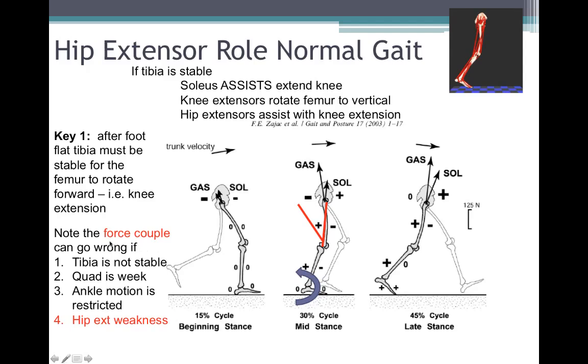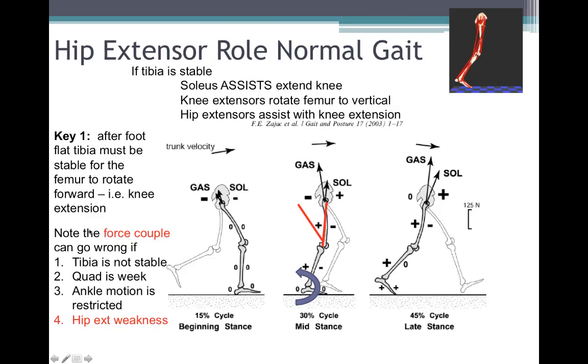So we've been through different contributors to this part of the gait cycle because it's a key place where function breaks down during gait. The tibia has to be stable, the knee extensors rotate the femur forward, but we also note that the hip extensors assist with the knee extension.